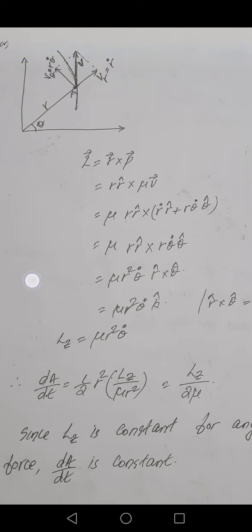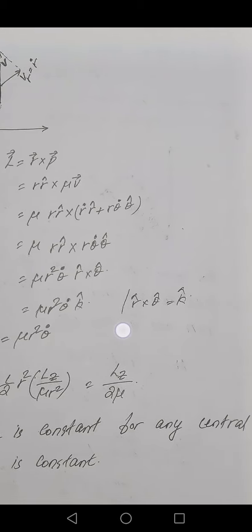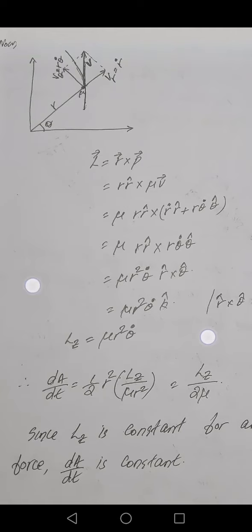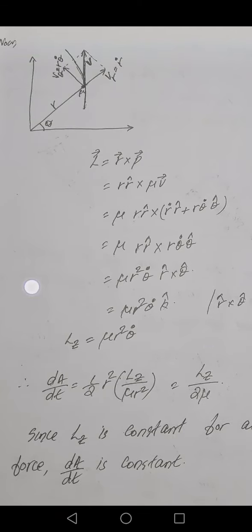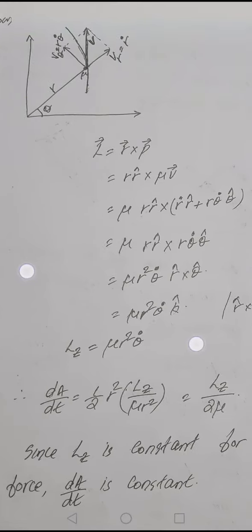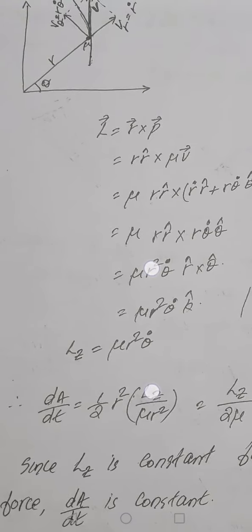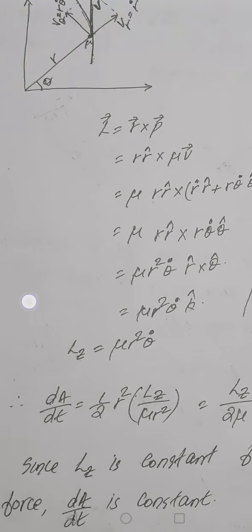So the z component of L, that I call Lz, is equal to mu r squared theta dot. From that, theta dot is Lz by mu r squared.